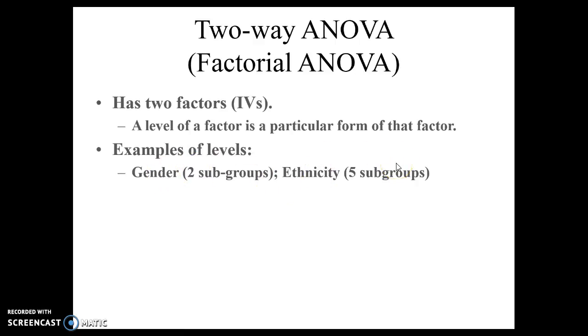Ethnicity would have 5 groups, meaning we would have 10 different groups. We would have white females, we would have white males, we would have Hispanic females, we would have Hispanic males, and keep going all the way through until we have 10 different groups. And we see, does what group you are in have an effect on whatever dependent variable we are choosing?